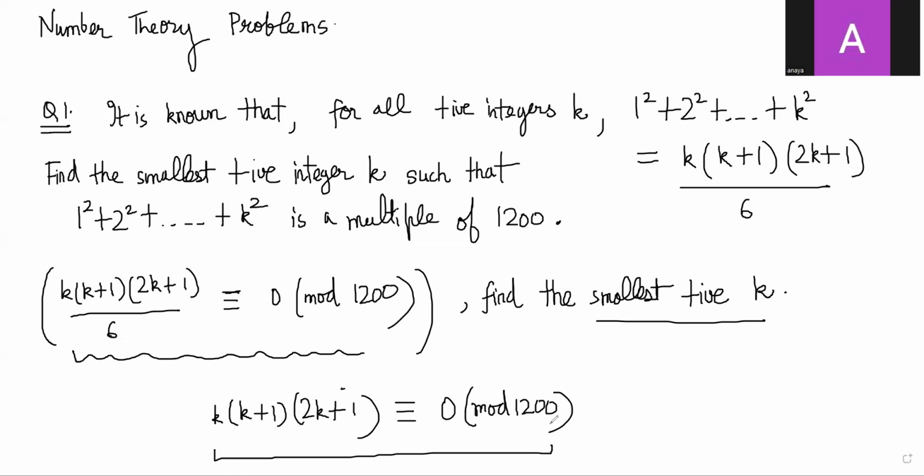Then 1200 is prime factorized to 2 to the power of 4 times 3 times 5 to the power of 2. And we know that 2k plus 1 is always going to be odd, so that has to be some odd number out of those prime factorizations.